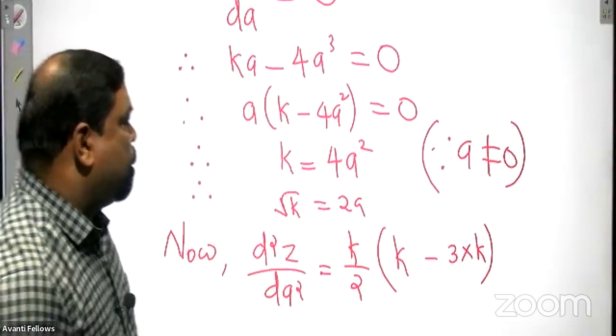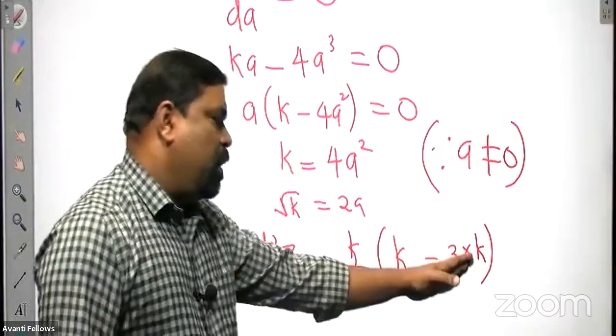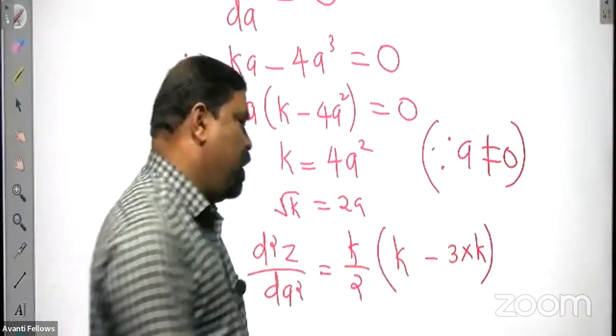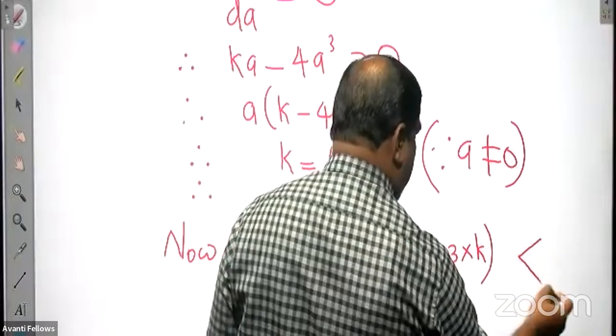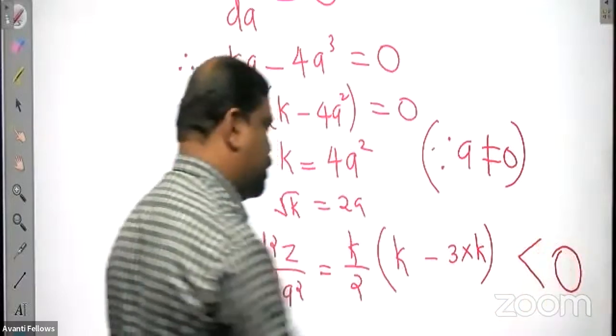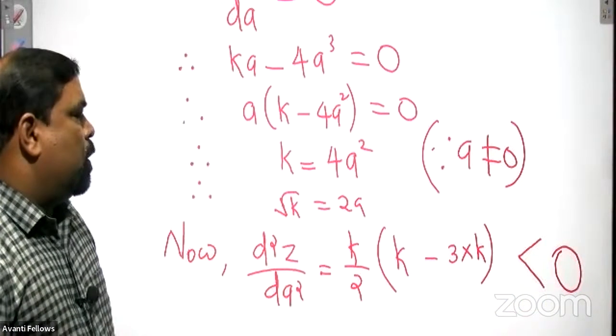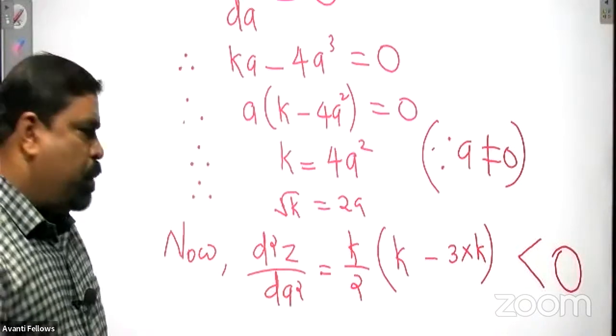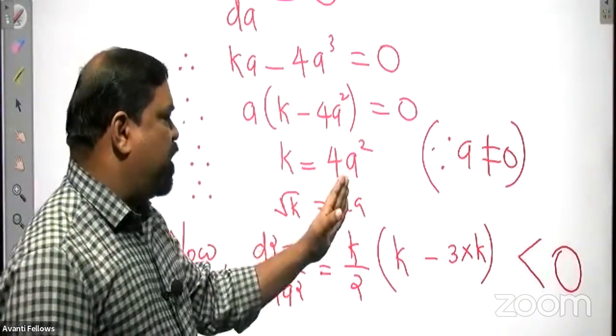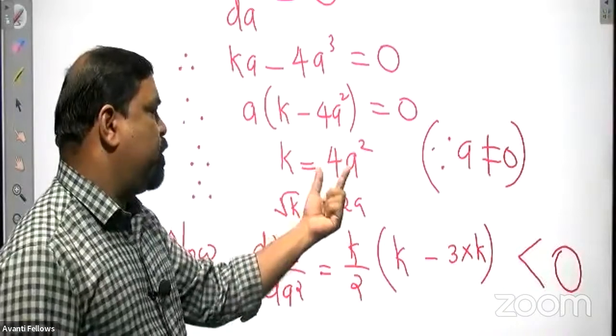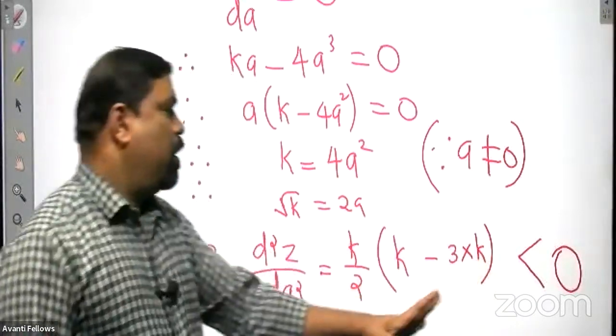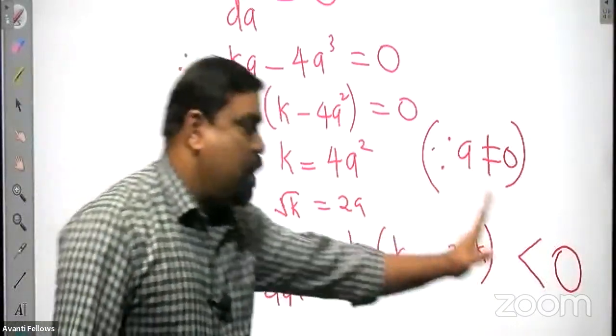So very clearly, k minus 3k, that is minus 2k. So ultimately this value is negative only. Anyway, the second derivative is negative.